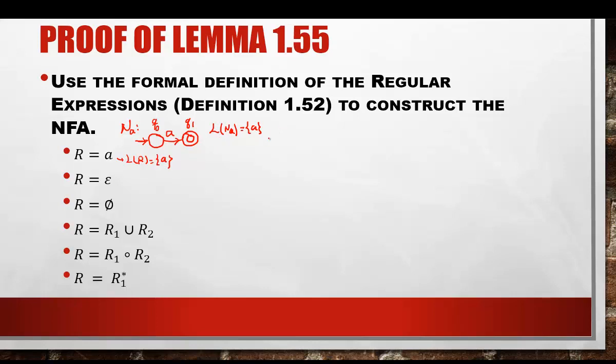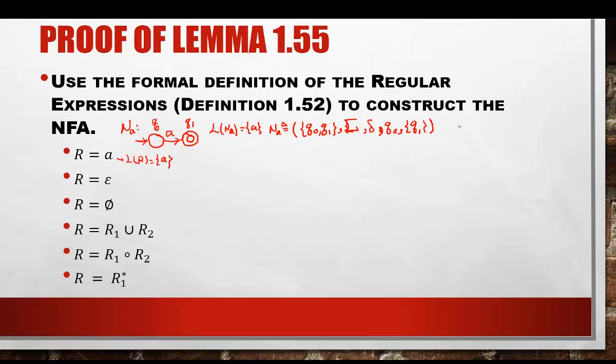And now the last thing left for me to do is to write down the actual definition of N sub A. N sub A by definition is a 5-tuple composed of the set Q sub 0, Q sub 1, the alphabet, which we'll call sigma, a delta, Q sub 0 as the start state, and the set Q sub 1 as the accept state.